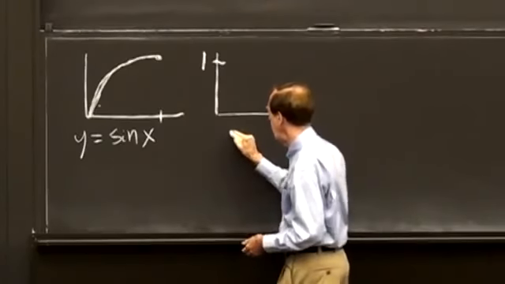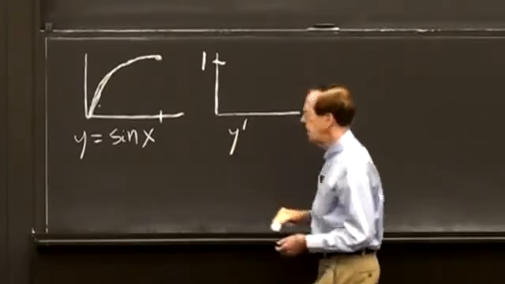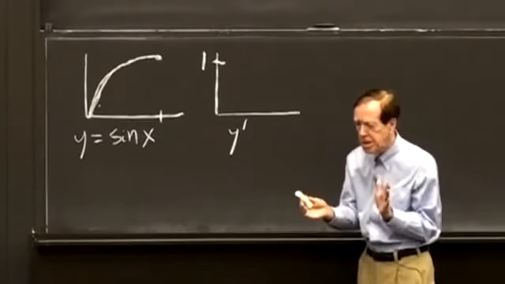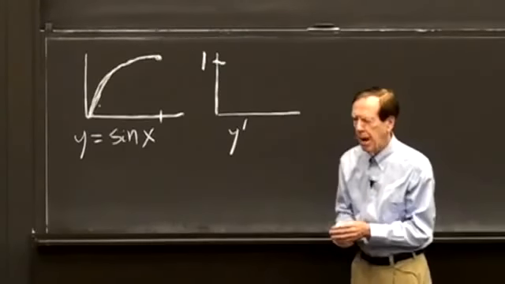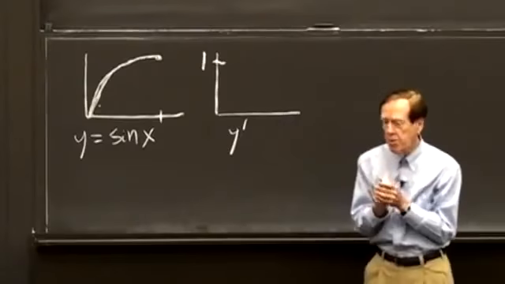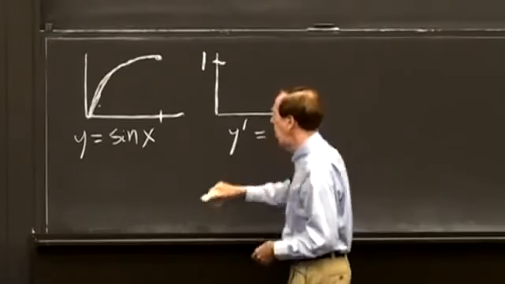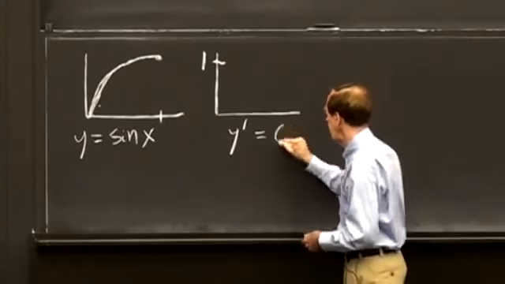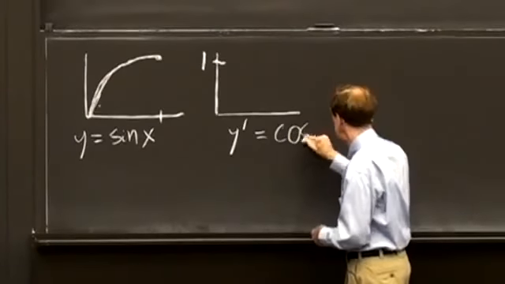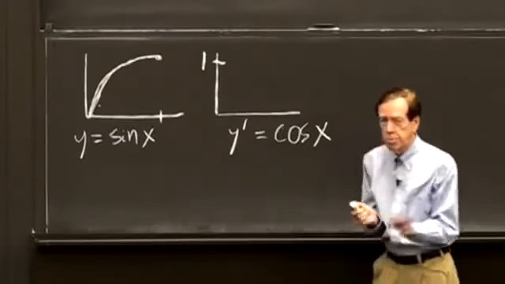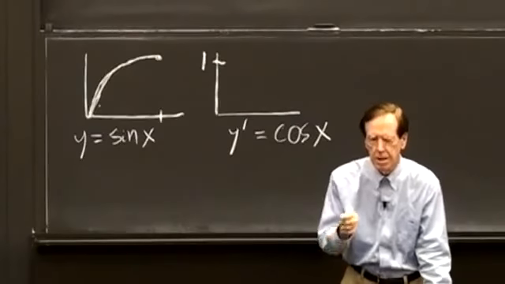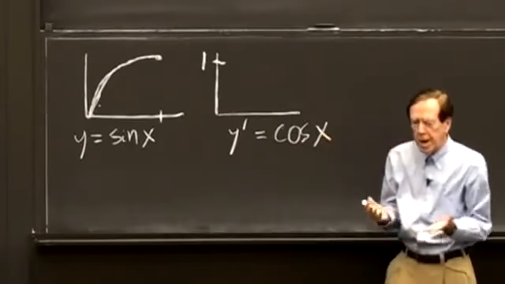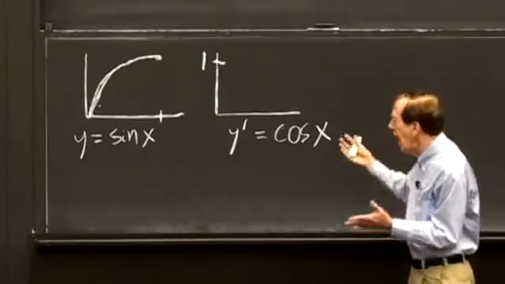Here I'm graphing y prime. dy dx I sometimes write as y prime, just because it's shorter, and particularly it'll be shorter for a second derivative. So y prime, we know the derivative of sine x is cos x, which is pretty neat, actually, that we start with a familiar function and then we get its twin, its other half.